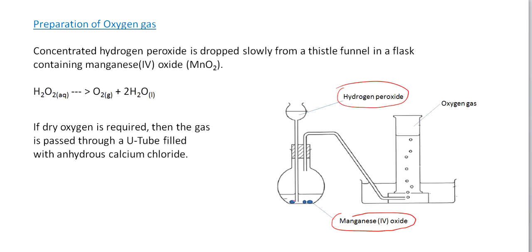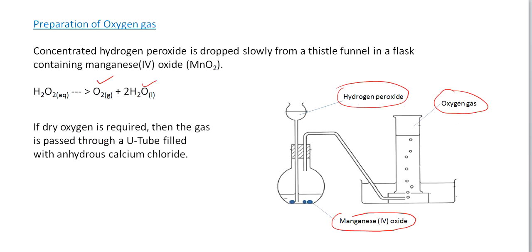As the hydrogen peroxide reacts with the manganese dioxide, we have oxygen gas being produced and water being produced. The hydrogen peroxide is decomposing to produce oxygen and water. In this case, we have the oxygen gas being collected here, so we get a moist sample of oxygen gas.